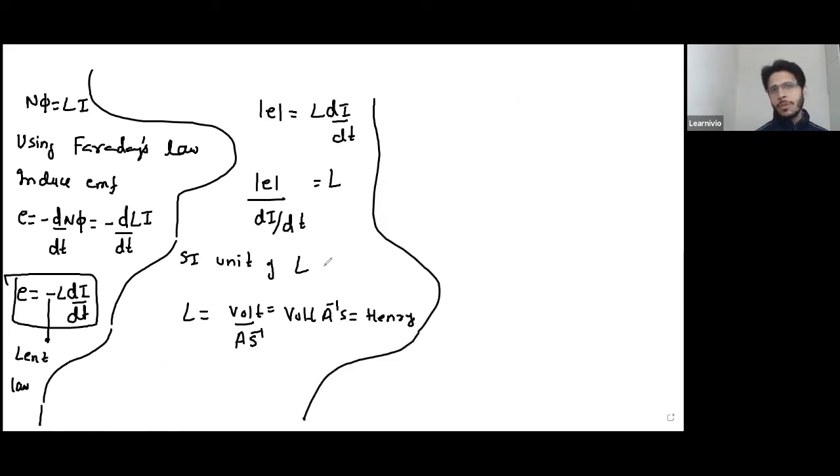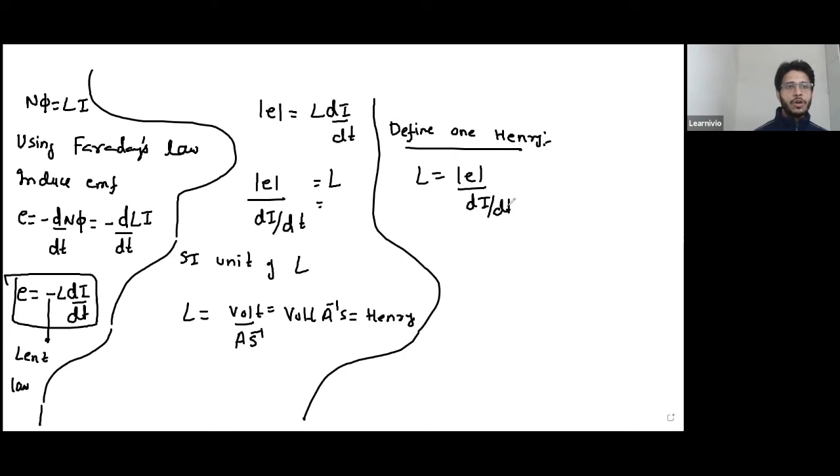Then you can get a 1 marker question to define 1 Henry. To define 1 Henry, we start with this equation: L is mod of E over di over dt. What is di over dt? It is the rate of change of current.